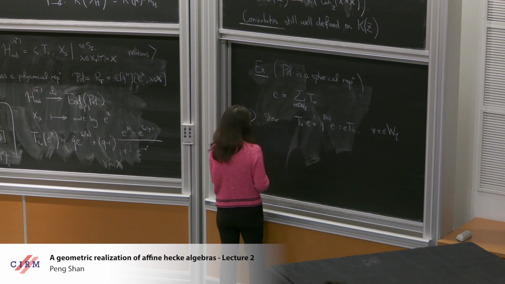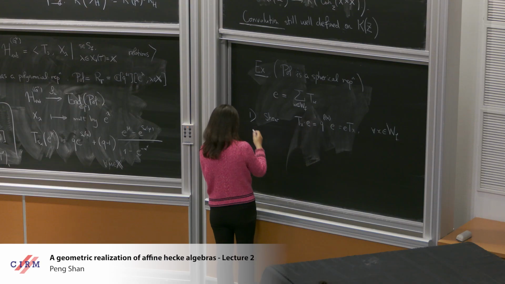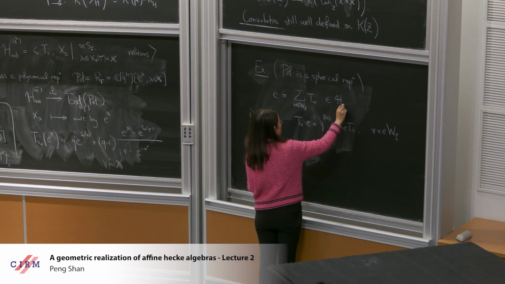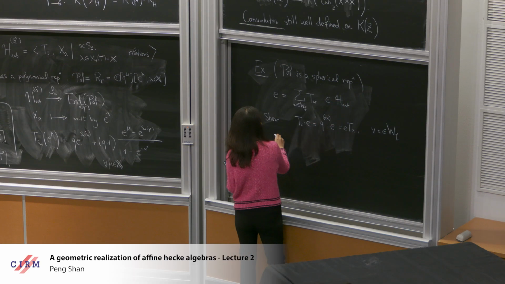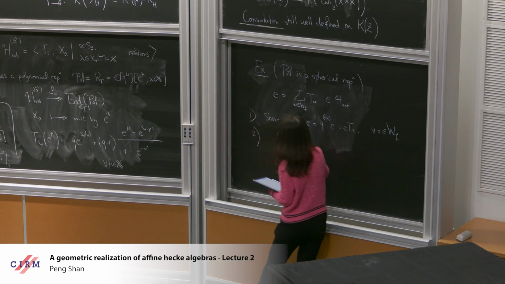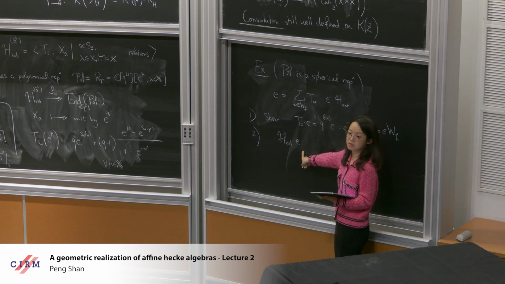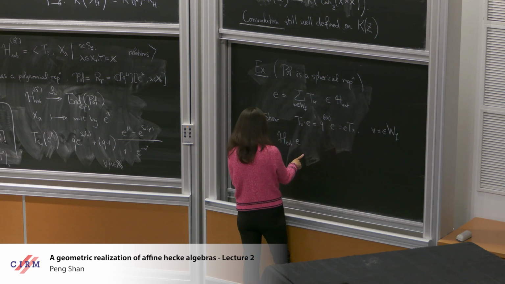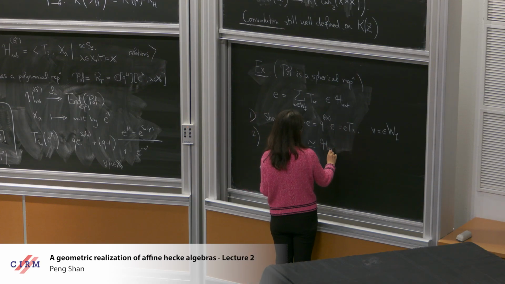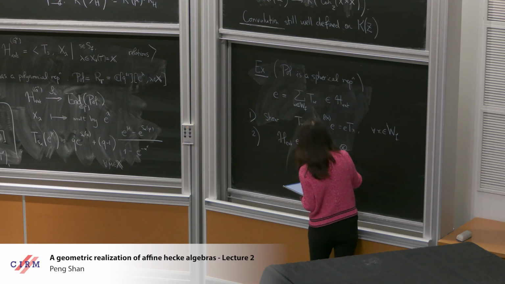Okay, and therefore using this you can show that. So this is a particular element in the extended affine Hecke algebra, and so you can consider the left module, which is just given by right multiplication by this element E. Okay? And this is isomorphic to the induced module from the subalgebra, which is the finite Hecke algebra.